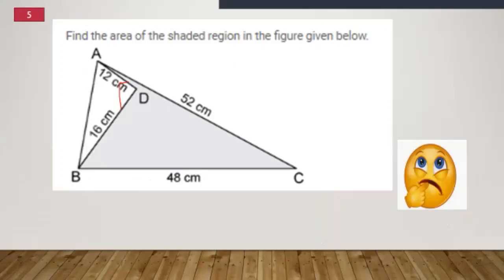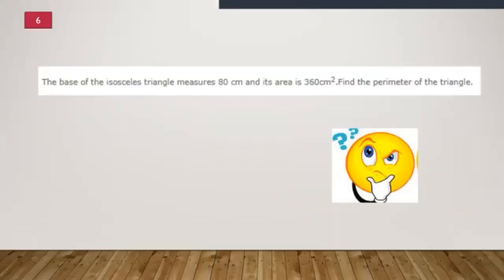The sixth one. The base of the isosceles triangle measures 80 centimeter and its area is 360. So two things are given: base is given, area is given. Find the perimeter. That means you need to find the equal sides. Can you please repeat the area?